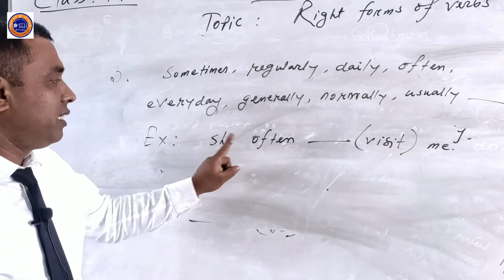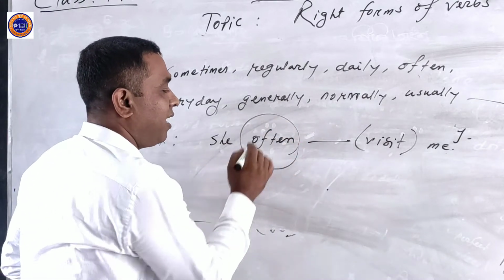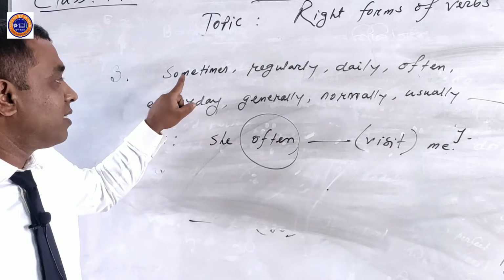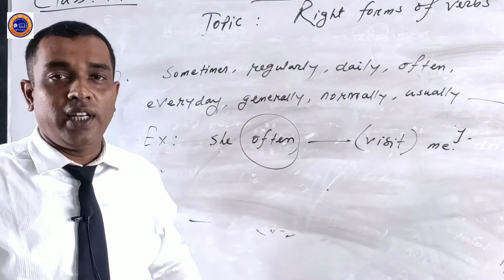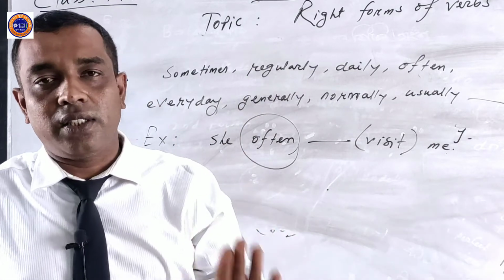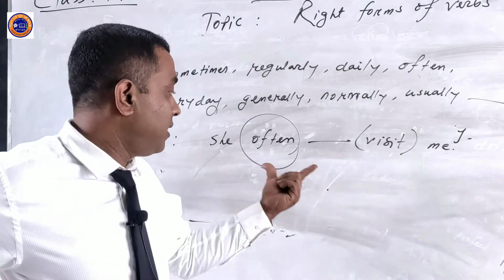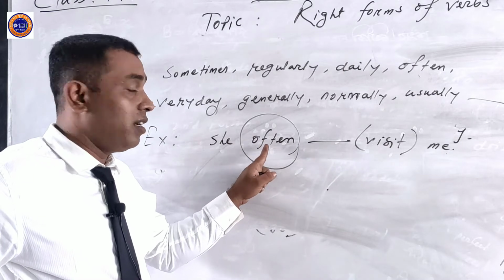Look at the word. She often visit me. Often is present in the sentence. So what was my rule? Sometimes, regularly, daily, often, every day, generally, normally, usually. If any of these words are present in a sentence, this sentence will be present indefinite tense. So this sentence is present indefinite tense because it has the word often.